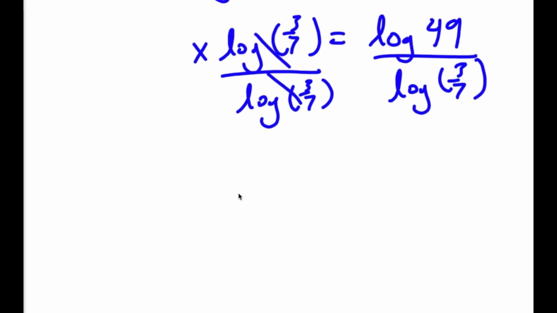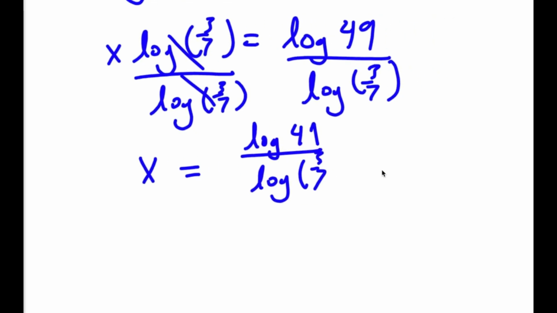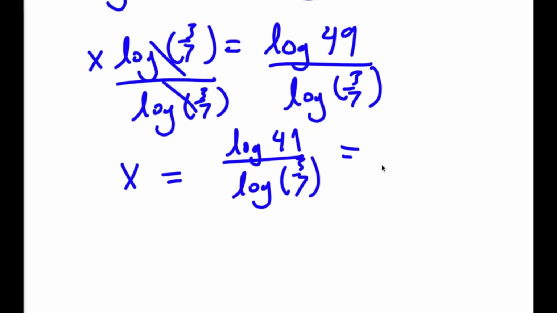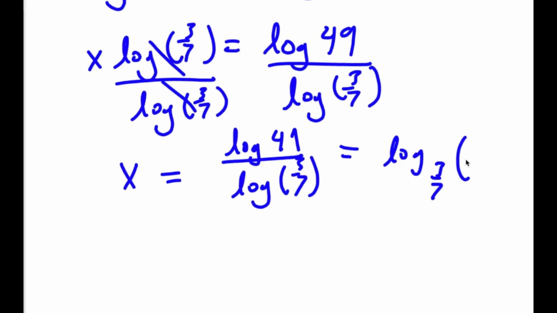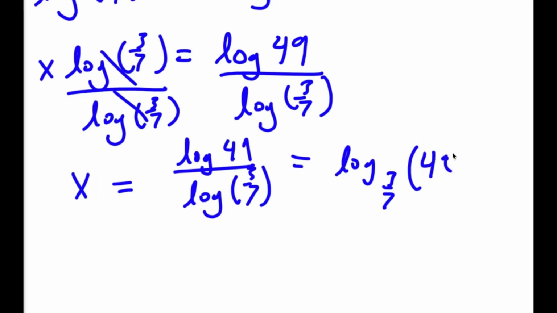So then these two cancel out, and I would be left with x is equal to log 49 over log 3 over 7, which is the same thing as log base 3 over 7 of 49.